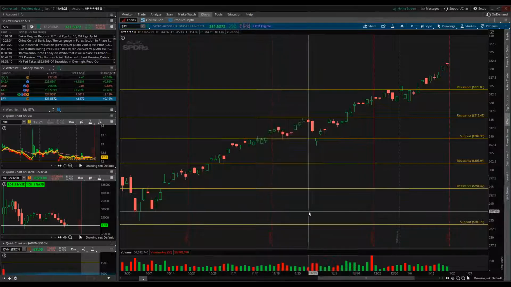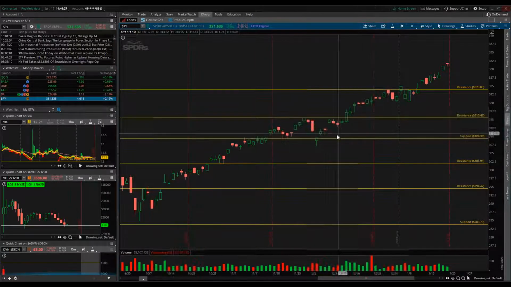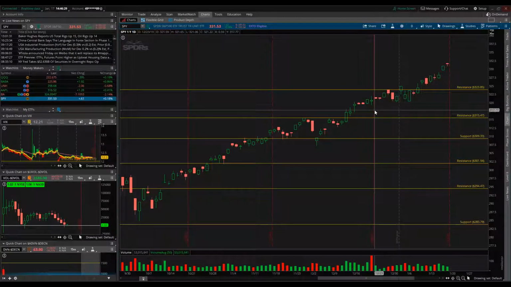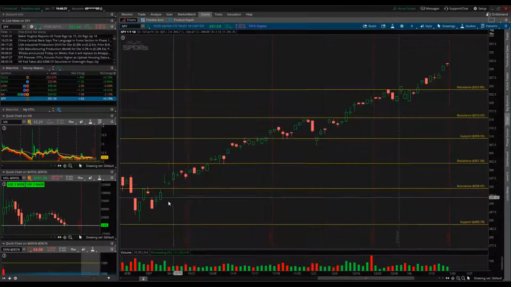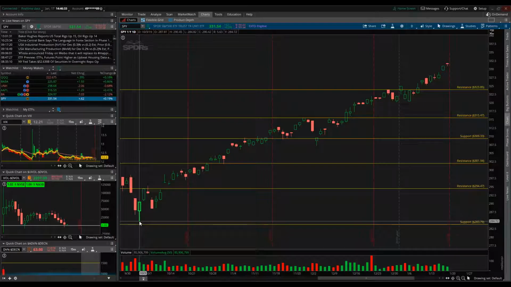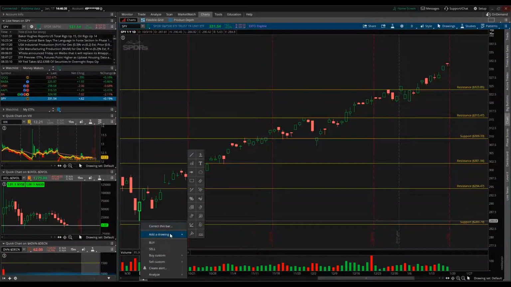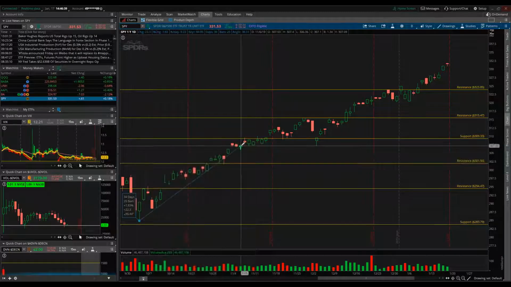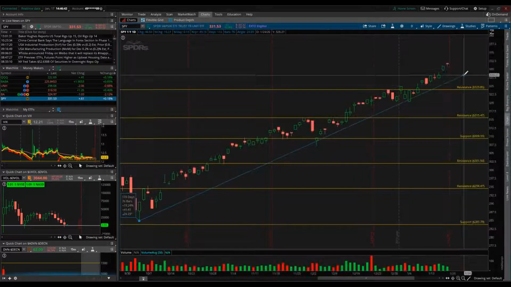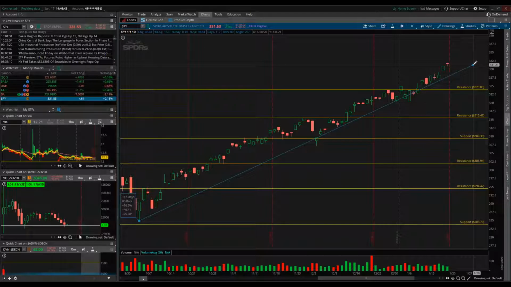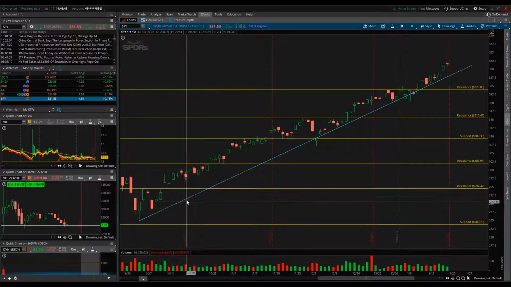Okay? But when price moves in these trends and is breaking these support and resistance levels, when it is on a strong trend, we also look for channels. So I'm going to add a drawing, and I'm going to add a trend line. We're just going to start at the bottom of this trend and see where it's going.